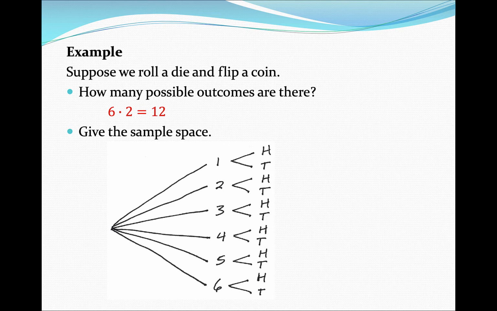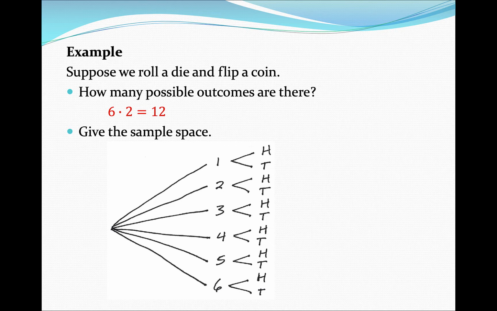Feel free to do that whenever we do these kinds of problems. It's very common that we'll abbreviate things. For things like heads and tails, you can just use H and T. If you're dealing with red, green, and blue, you can use R, G, and B. So you can abbreviate things appropriately. Off of the 1, notice we have heads and tails.